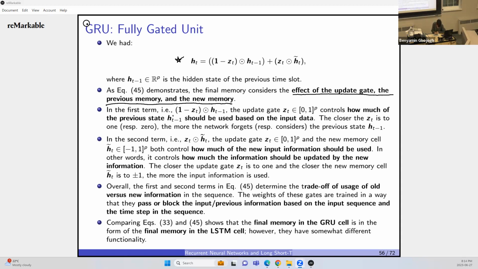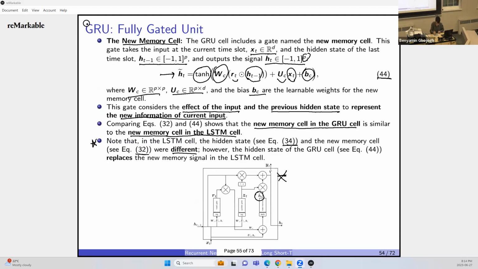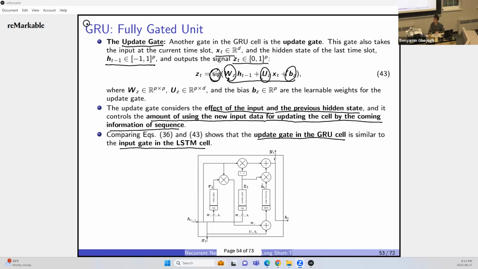In the first term, what does it do? The update gate ZT controls how much of the previous state HT minus 1 should be used based on the input data. Right? Do you know why we use 1 minus ZT rather than ZT? Recall that ZT is the output of sigmoid, so it's between 0 and 1, right? 1 minus ZT is kind of the opposite effect of ZT.